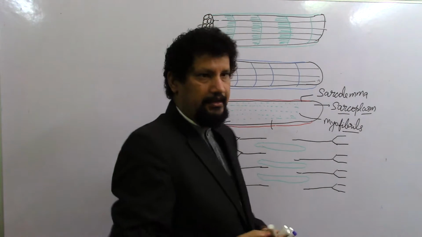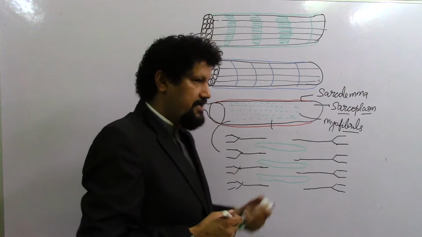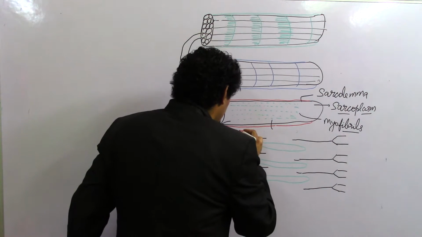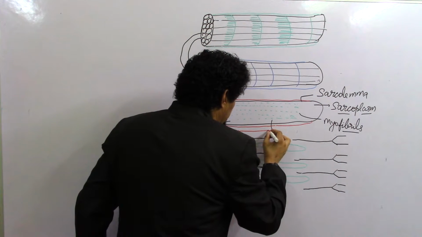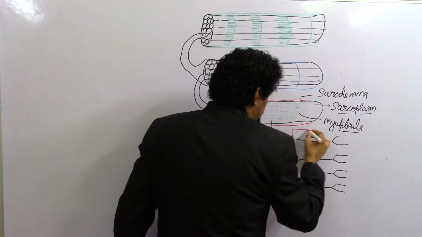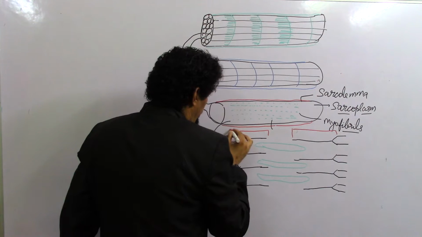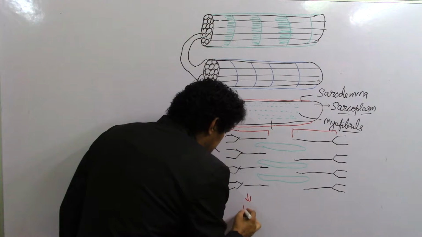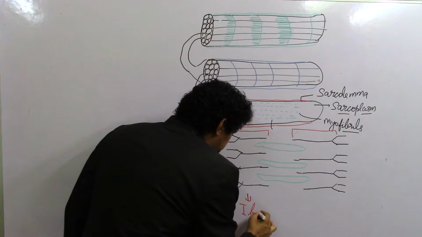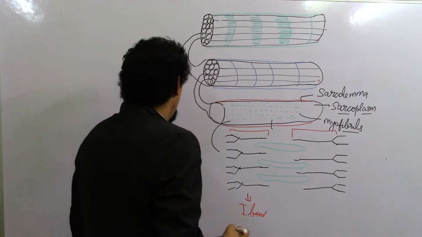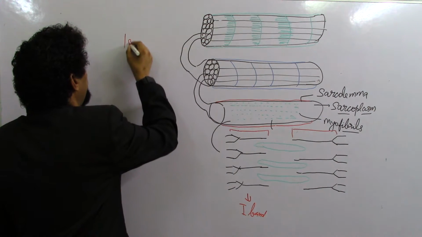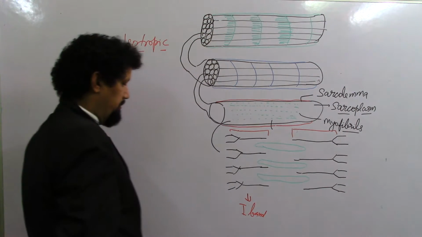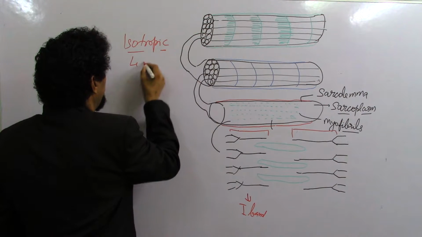When we see this part in polarized light in the microscope, it looks light, so this part which is light is known as I band, or also known as isotropic band or the light band.